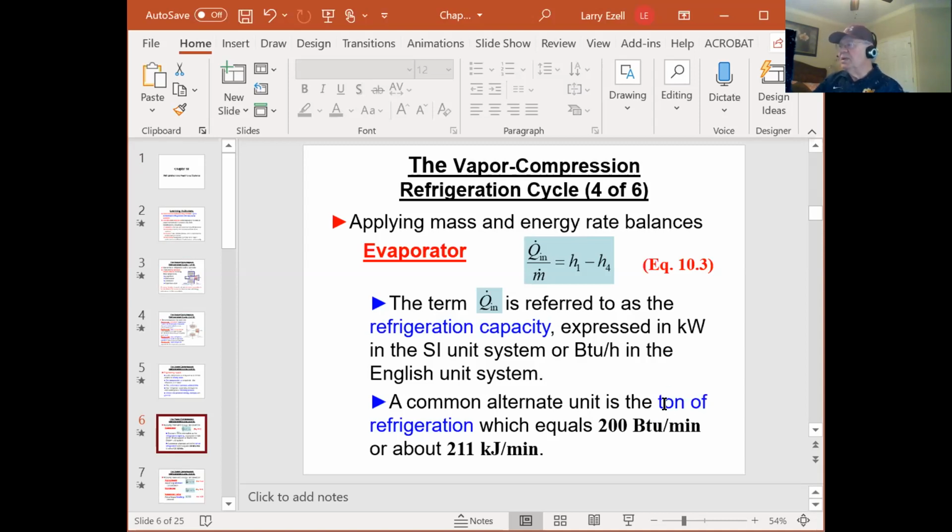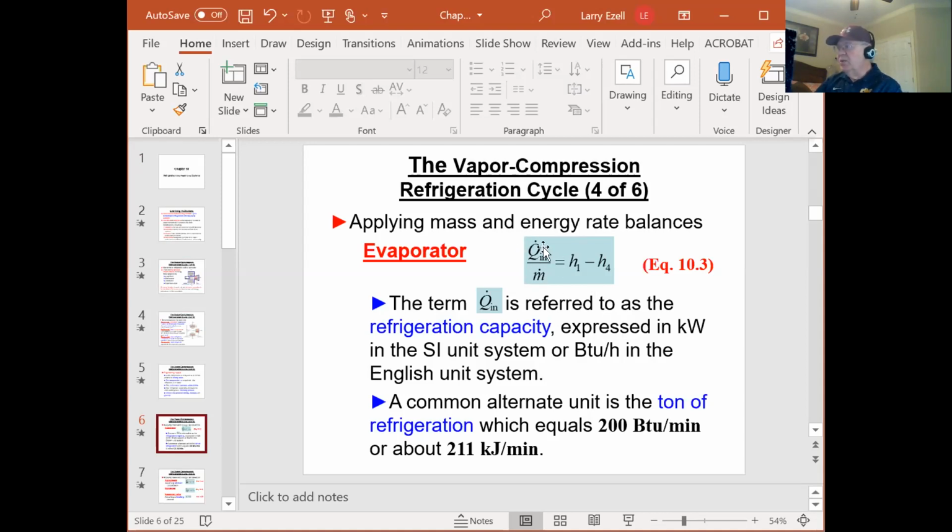That's a reasonably good size for a residence. Then my upstairs is a 2-ton unit. So that means it has the capacity to cool at its rated conditions 2 tons, which is 400 BTUs per minute, or 2 times 12,000 BTUs per hour, or 24,000 BTUs per hour.